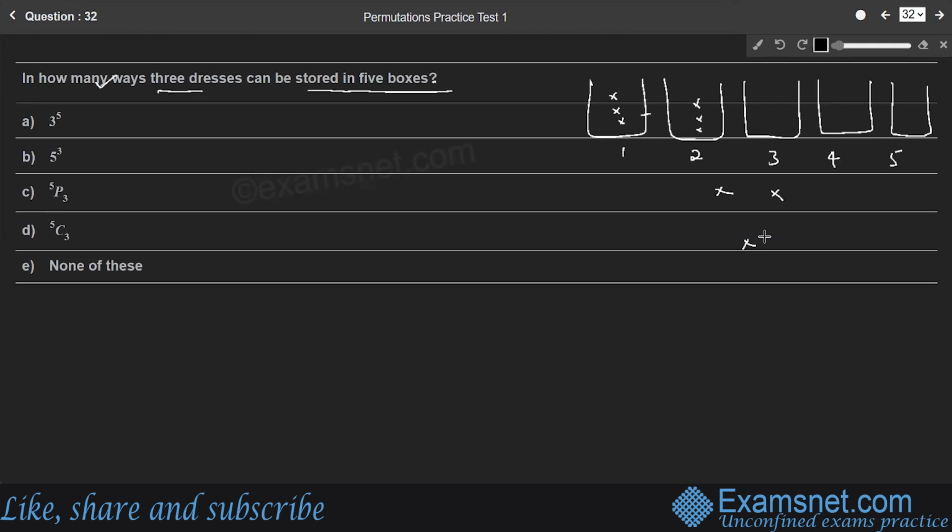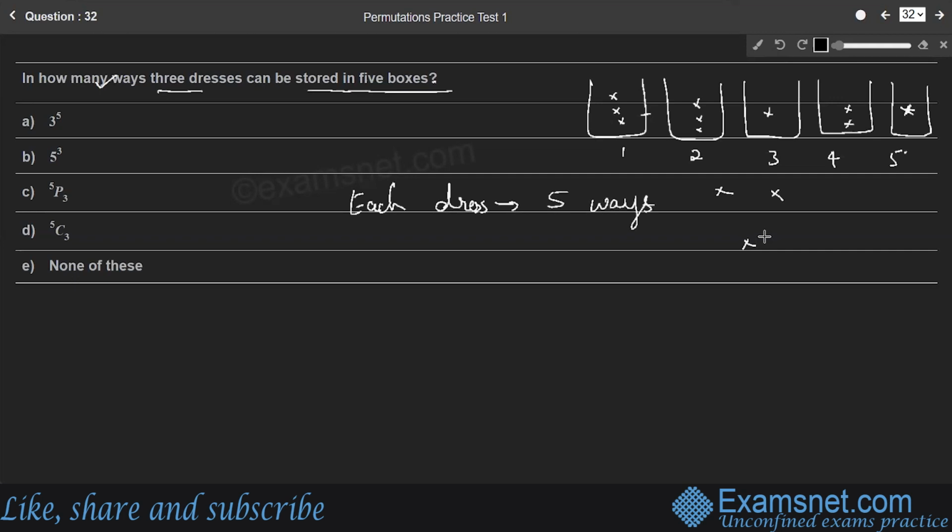box, right? Another way is you can store one dress in one box, another in another box, and the third one in the next box. Or you can store one dress in one box, and the other 2 dresses in the next box, right? Like that, there are 3 dresses, and each dress has 5 choices, 5 ways.